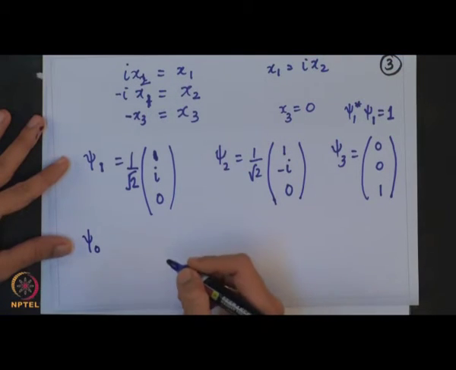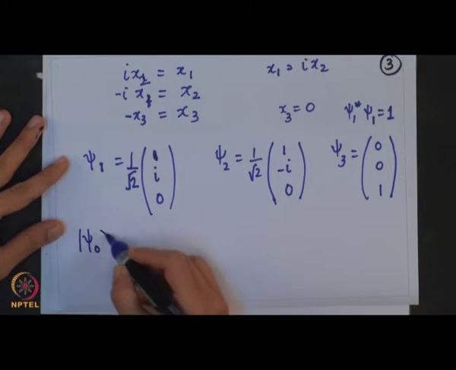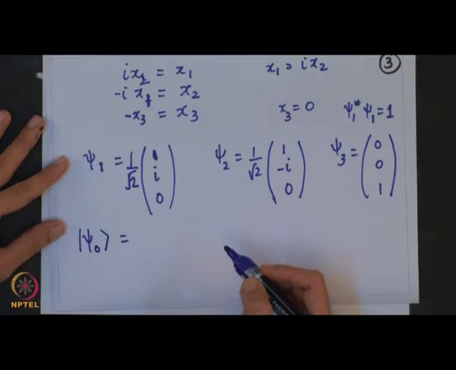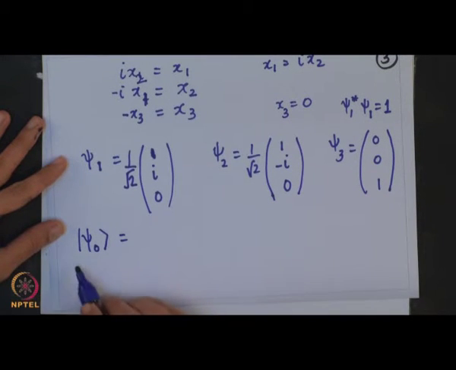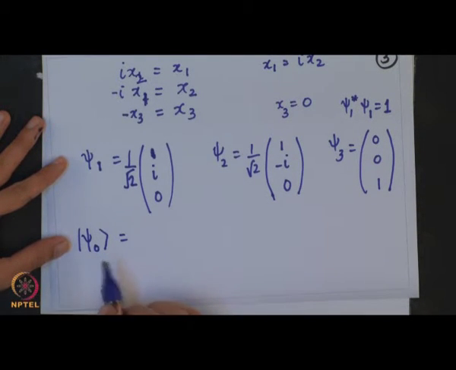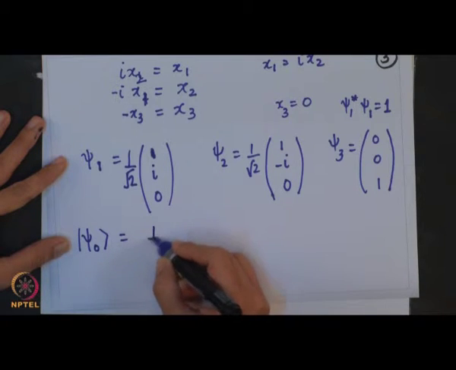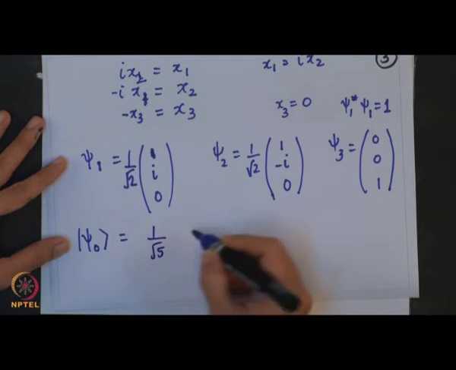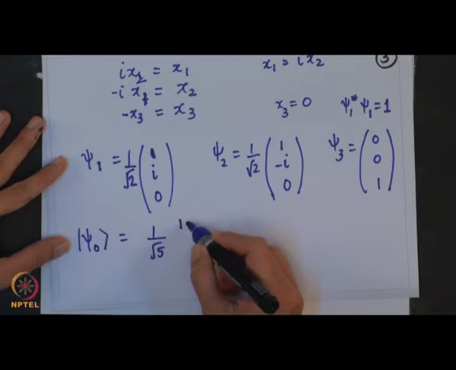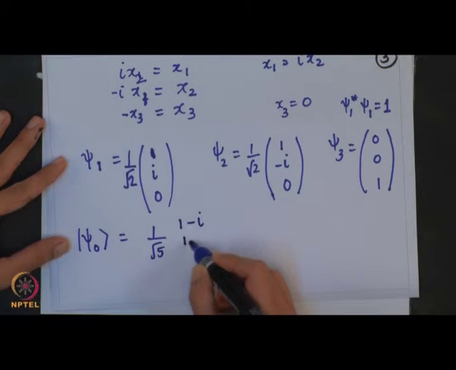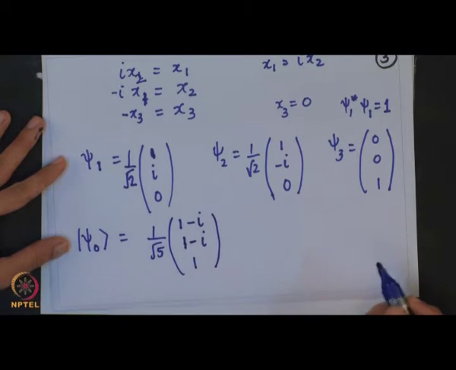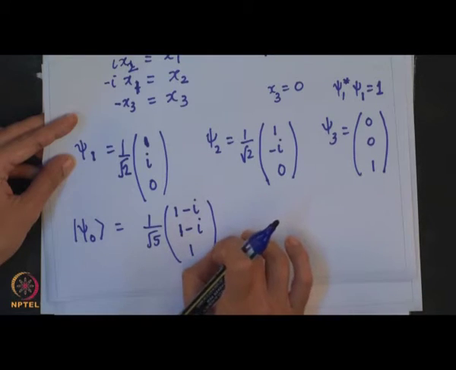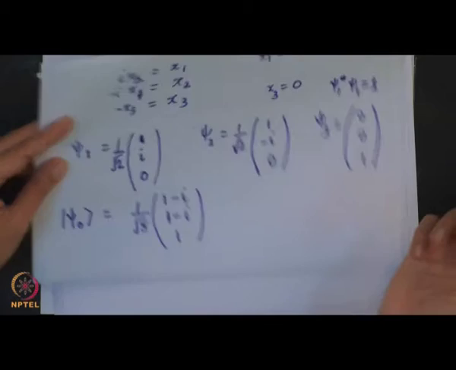Now, the initial state psi 0 was given to us. So, the initial eigenvector was given to us as 1 by root 5 times 1, minus i, 1, minus i and 1. Okay. Break psi naught in terms of psi 1, psi 2 and psi 3.